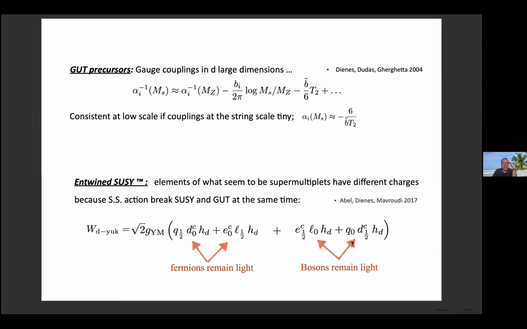What you get in the massless spectrum looks a bit like folded SUSY, if you like, in that some part of a supermultiplet is there, but it's completed by another part of a different supermultiplet. So we call this entwined SUSY. You fill up supermultiplets, but the charges are not degenerate in a supermultiplet, if that makes sense.